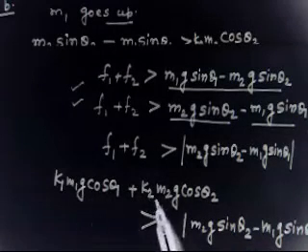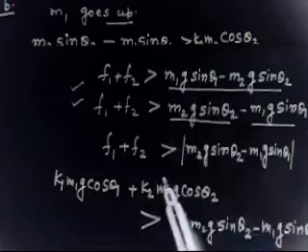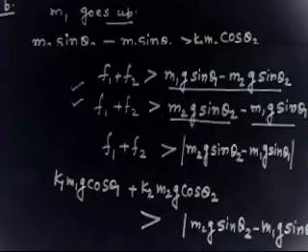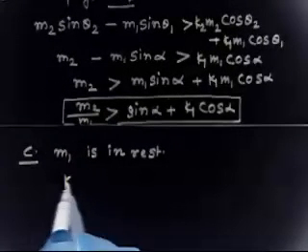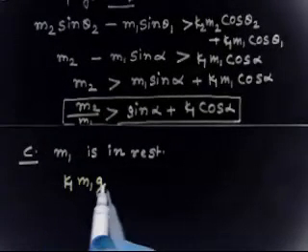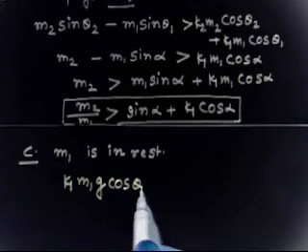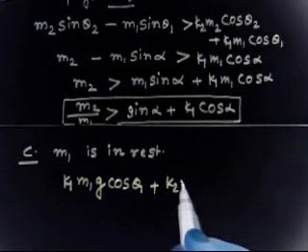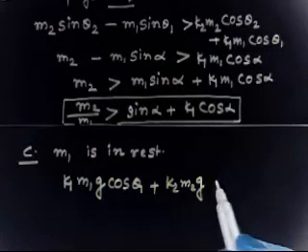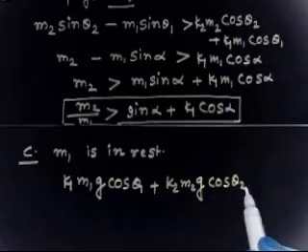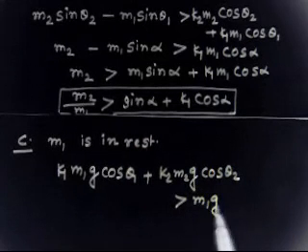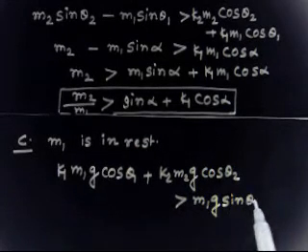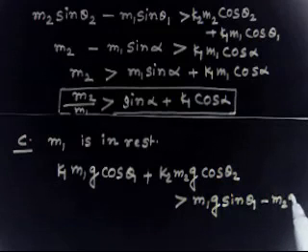This value is greater than, one time from this, another time from this, so I can reduce this whole equation into two equations. One equation is k1 m1 g cos theta 1 plus k2 m2 g cos theta 2 should be greater than m1 g sin theta 1 minus m2 g sin theta 2.